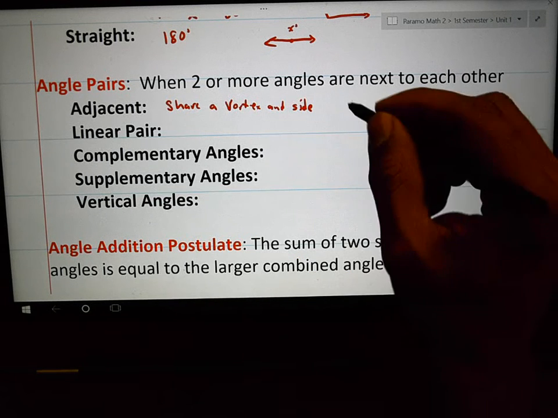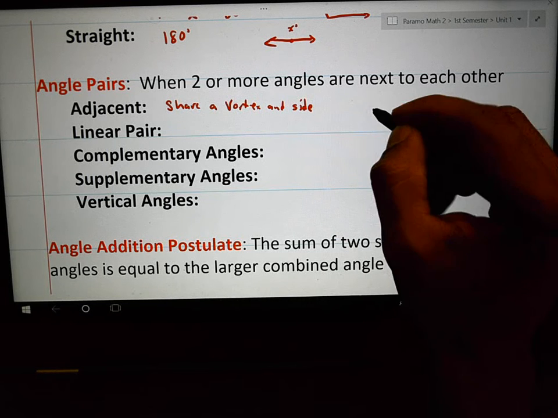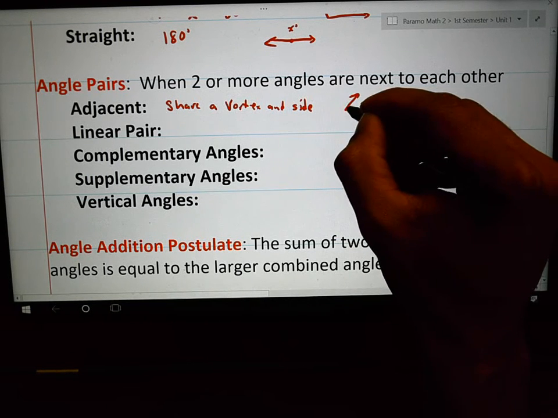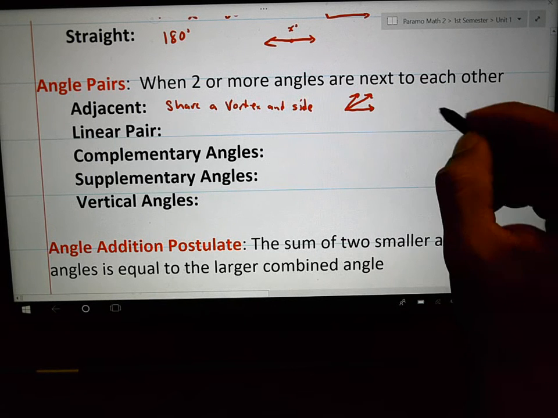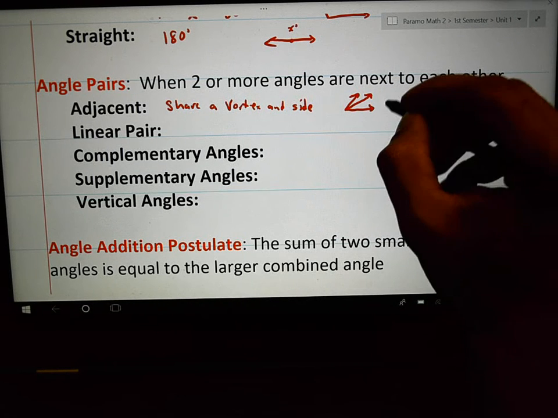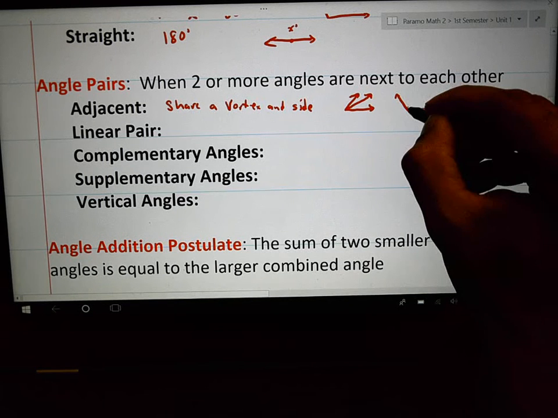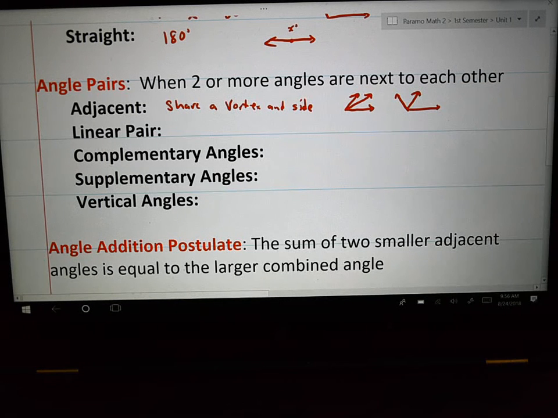When they're adjacent, they can be acute angles that are adjacent. They can be obtuse angles. They can even be a straight angle when they're adjacent as well, both of them together.